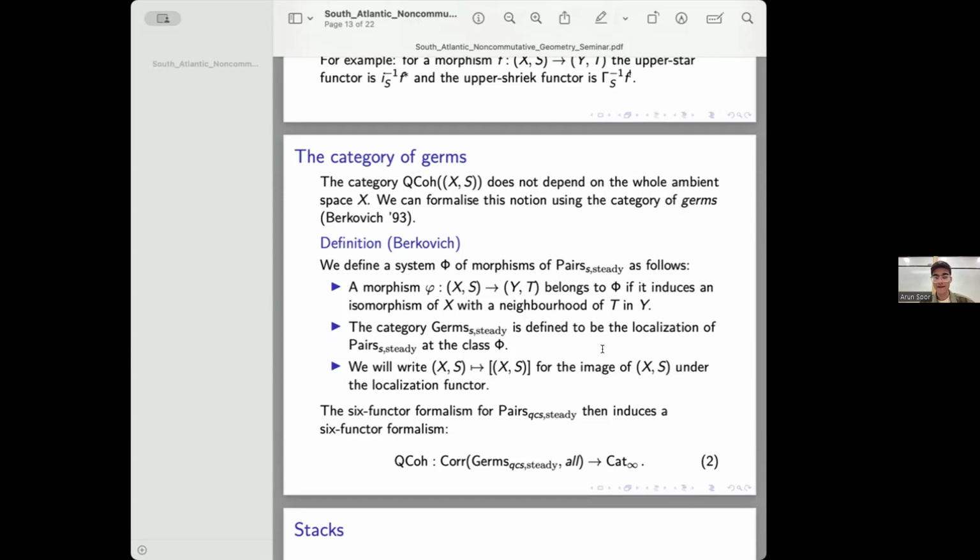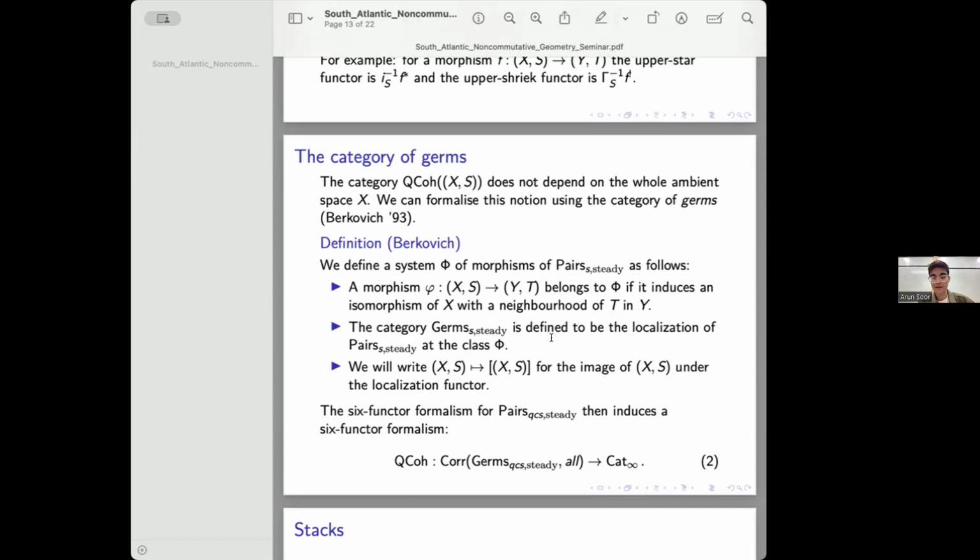So the category of germs is a localization of the category of pairs. We have to define which system of morphisms we localize with respect to. I'll say a morphism φ belongs to this system, capital Φ, if it induces an isomorphism of X with an open neighborhood of T in Y. This system admits a calculus of right fractions, so we can describe the localization fairly well.